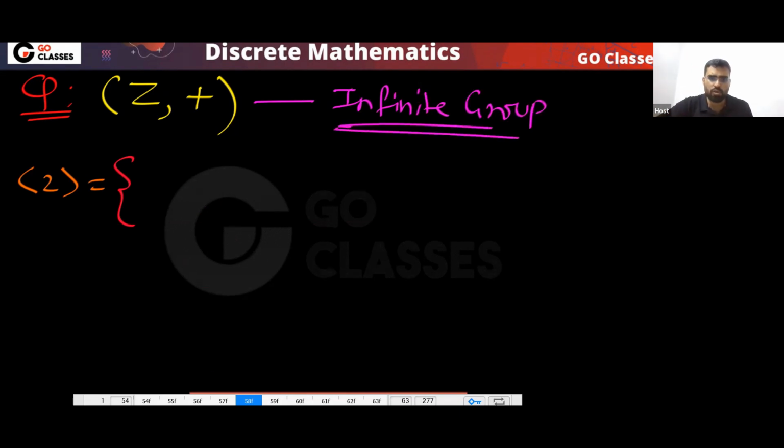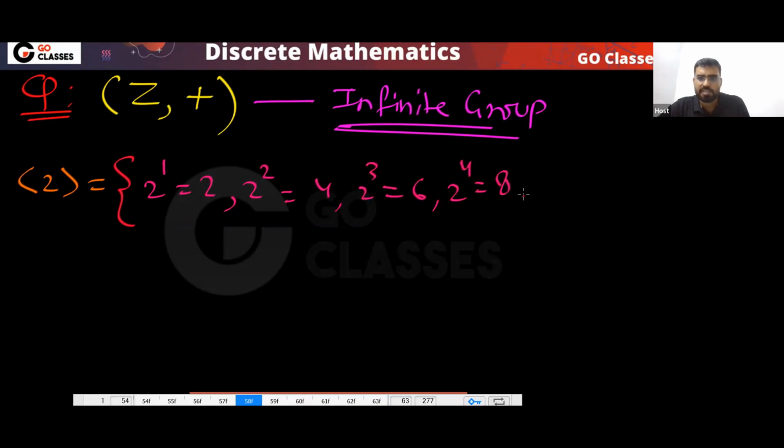In the case of an infinite group, if you keep going in the positive direction, you will never get the identity element. I told you, if you get the identity element, then you don't have to go further in the negative direction.